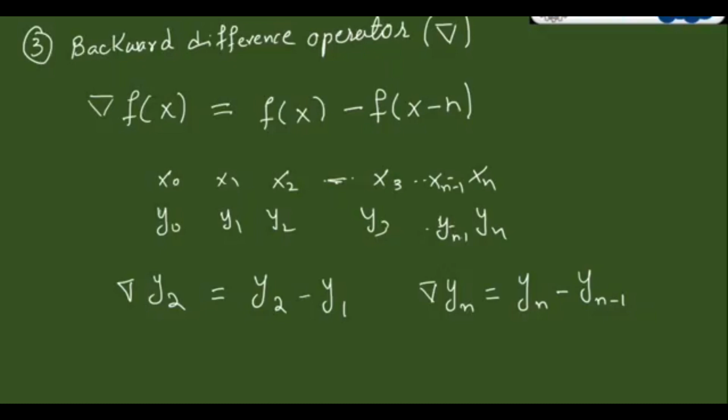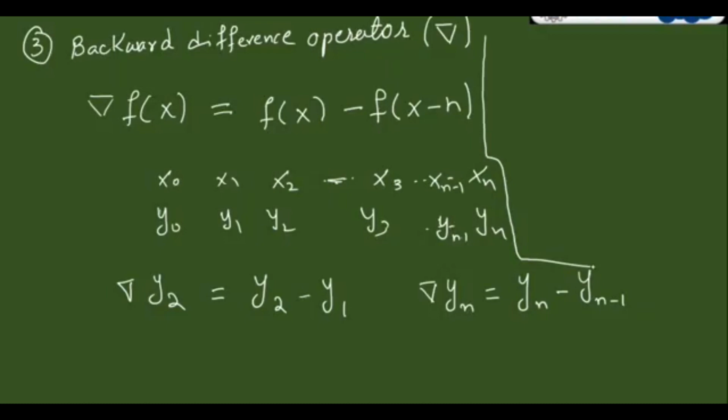Similar to the last step, I also try to connect the shift operator with the backward difference operator. So what is the relation between the shift operator and the backward difference operator, nabla?